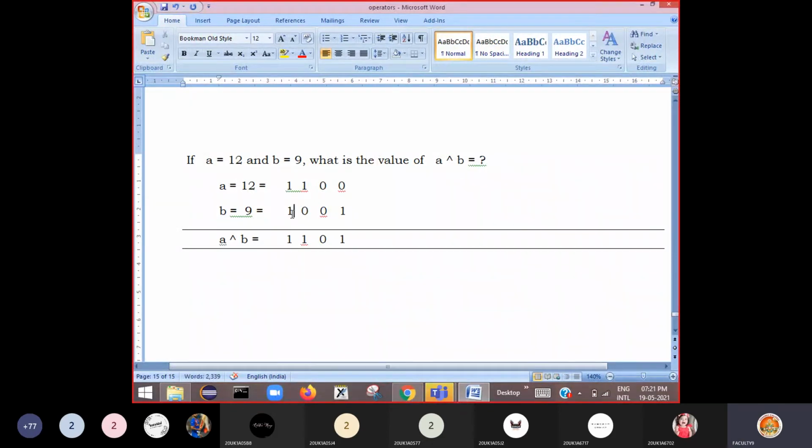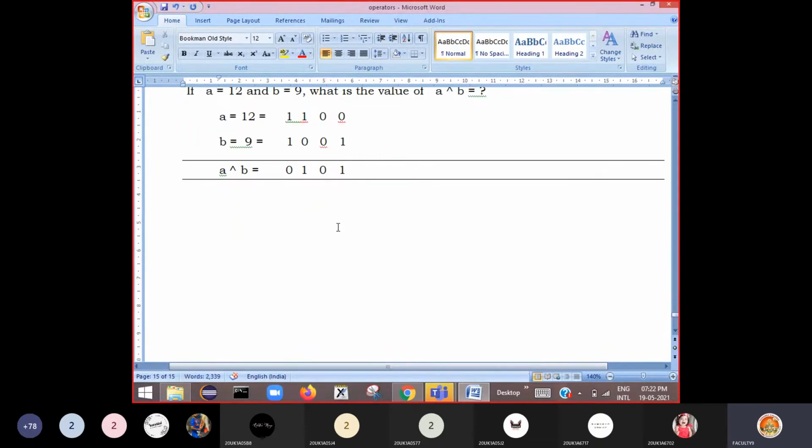1 exclusive OR 1, both bits are the same, so we'll get the result as 0 here. Bits are different here, 1 and 0, you will get 1. 0 and 0 means you will get 0. 0 and 1, both bits are different, so the result will be 1. So here you will get 0 1 0 1.